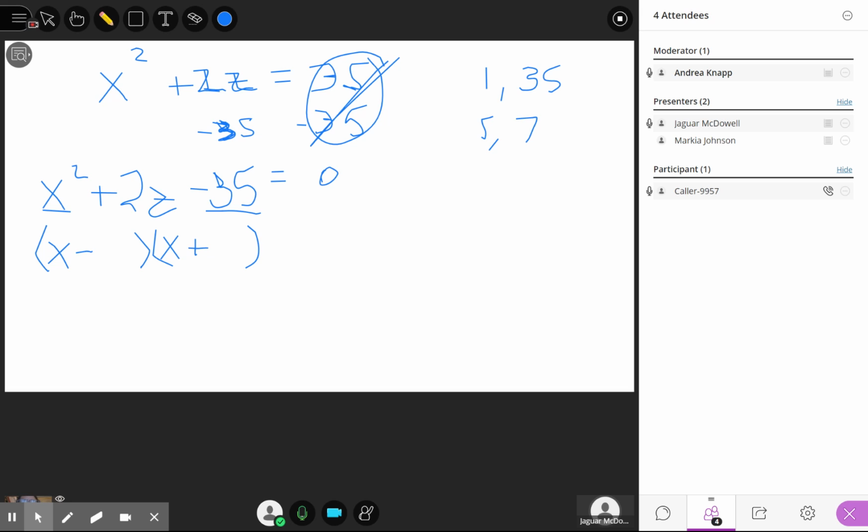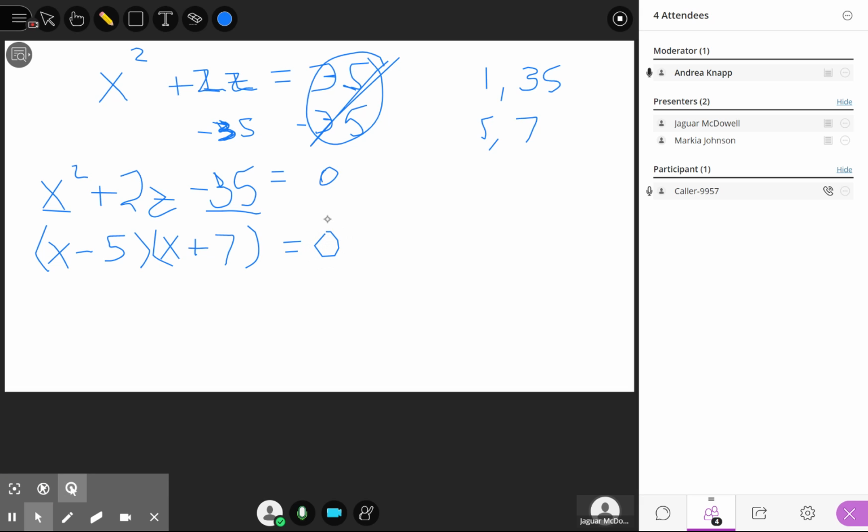Let's go with the 5 and the 7. And we got to decide if we're going to do a positive 5 and negative 7 or a negative 5 and a positive 7. Let's go with negative 5 and positive 7 because we need a positive 2. And 7 minus 5 is 2.